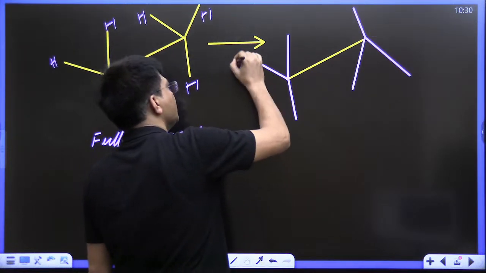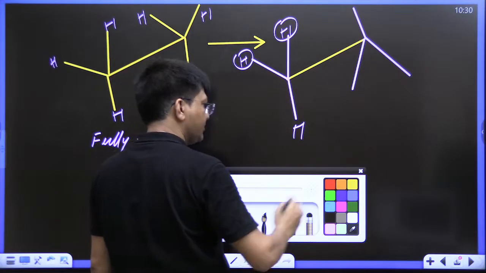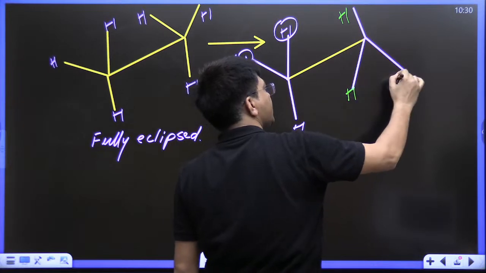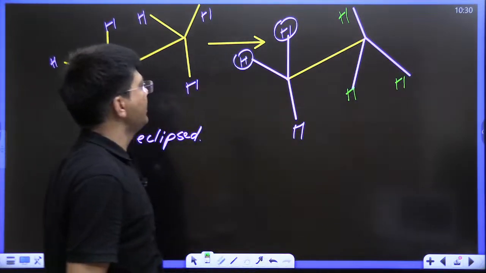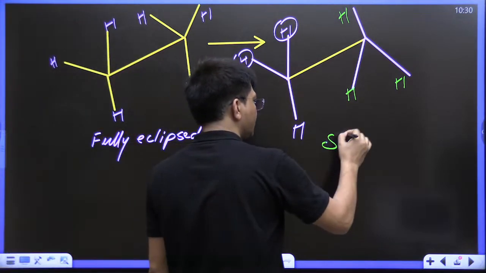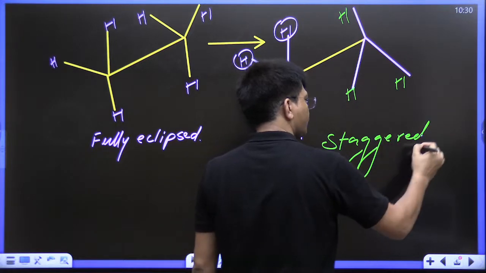If I write down here hydrogen, hydrogen, hydrogen, these hydrogens are lying in between. So they are far away from each other. When they are far away, this is known as staggered form.